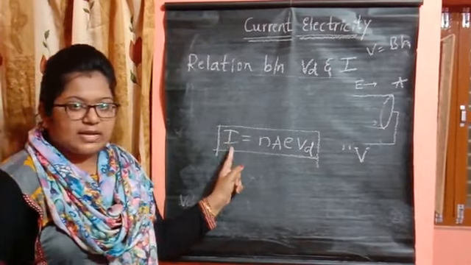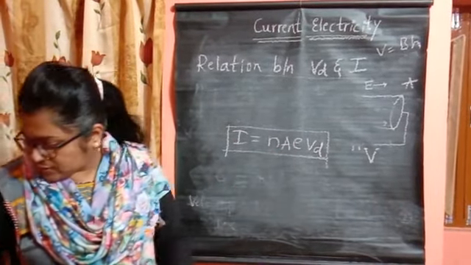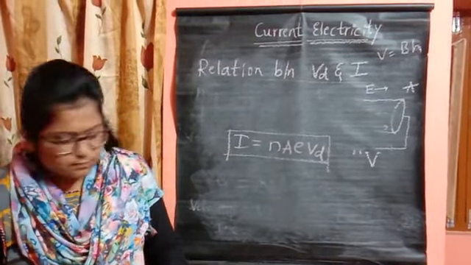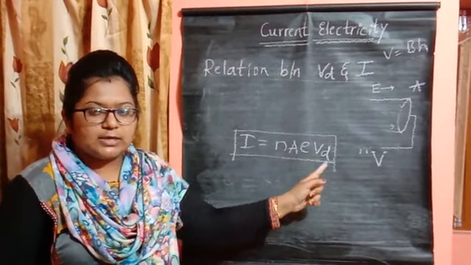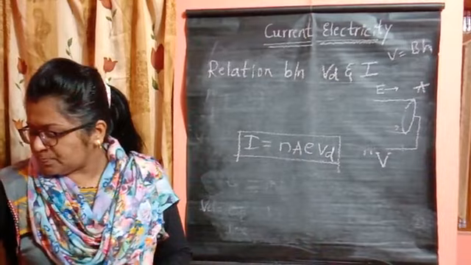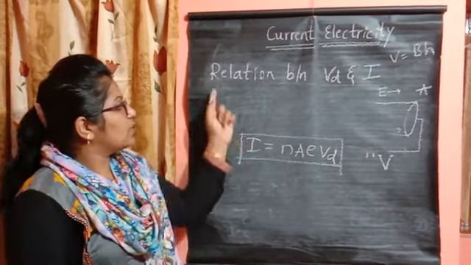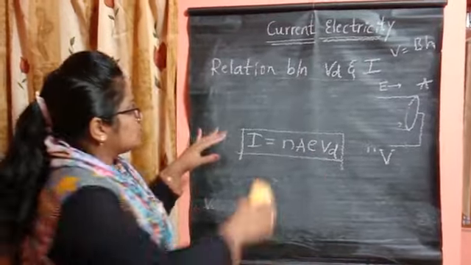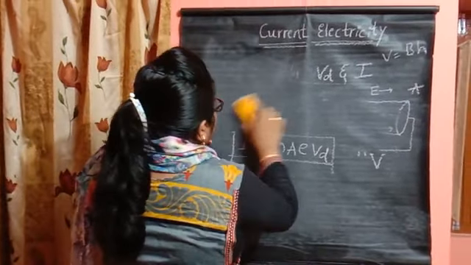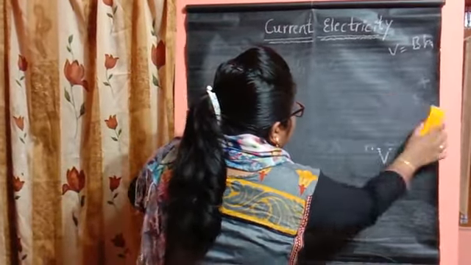In this we have electric current and also drift velocity. So I is equal to N A E into Vd. This expression gives the relation between electric current and the drift velocity. This is one of the important derivations.